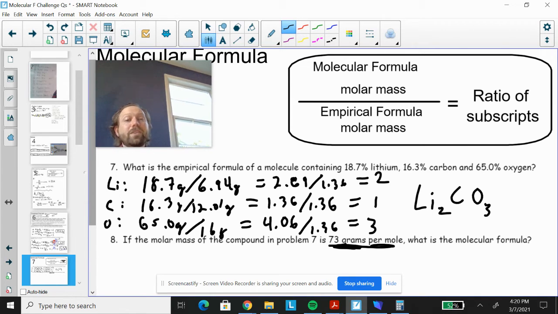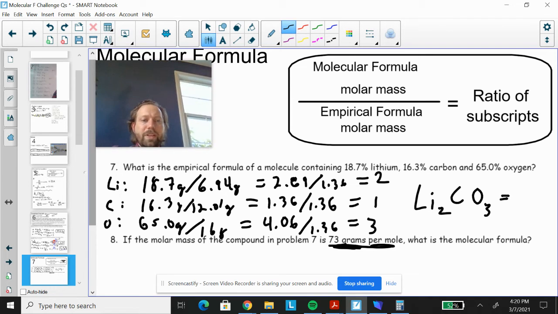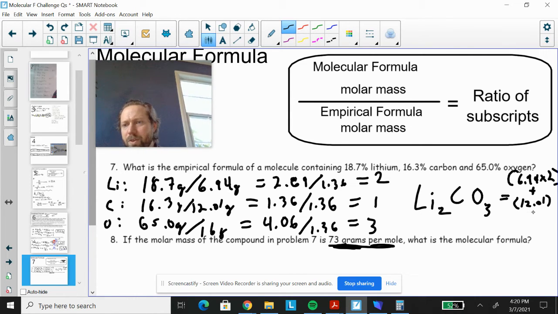If you have the empirical formula, then you can figure out the empirical formula molar mass. The empirical formula is this, so the molar mass of this would be two lithiums, 6.94 times 2, plus carbon, which is 12.01, there's just one of them, plus 16 times 3.